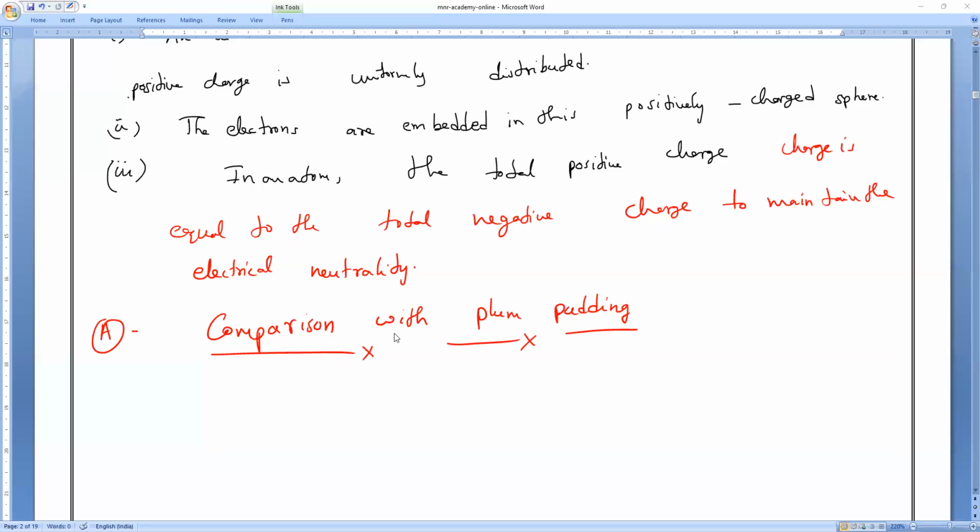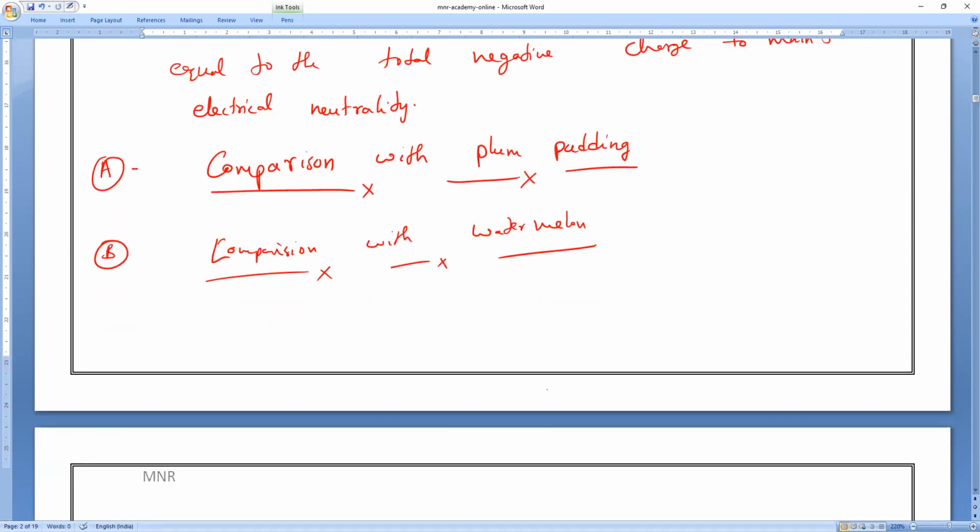Anybody having any doubt, please ask me. Learn this one per day. Three points: comparison with the plum pudding, comparison with the watermelon. You have to draw a diagram also. So second one, comparison with the watermelon.